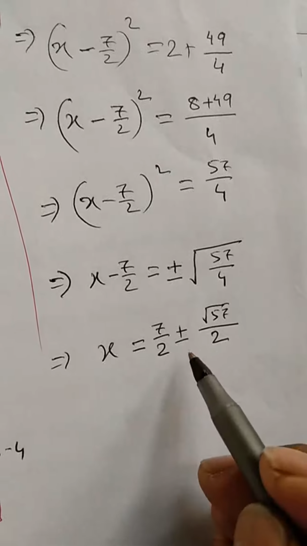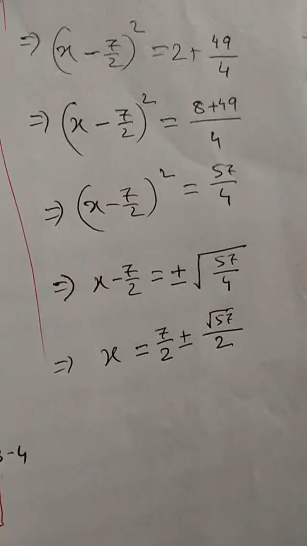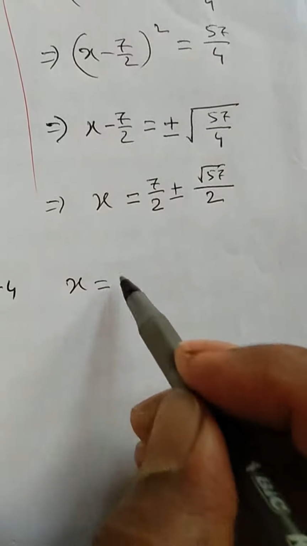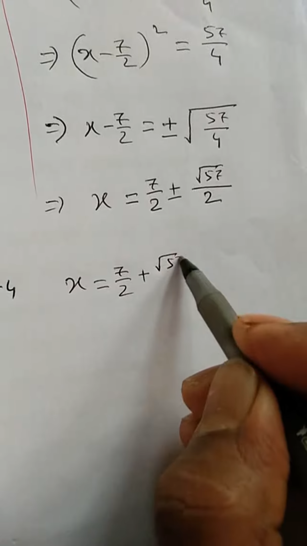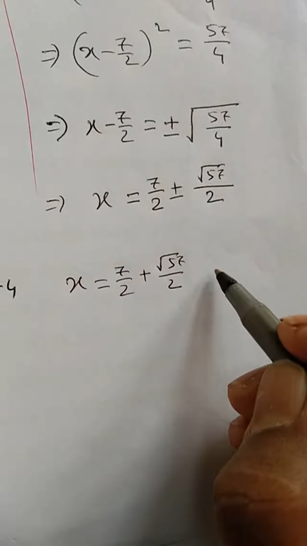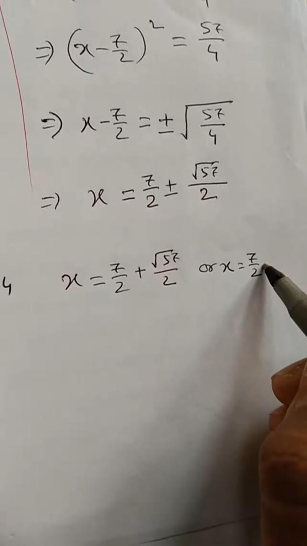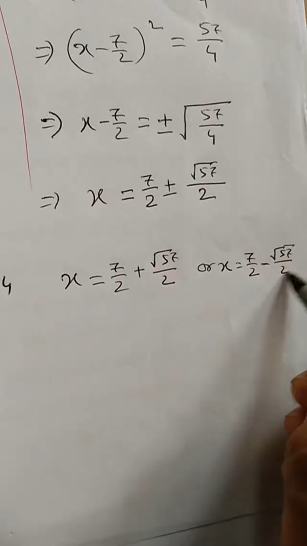Now this will segregate into two parts. Then you can write x equals 7 by 2 plus root over 57 by 2, or x equals 7 by 2 minus root over 57 by 2.